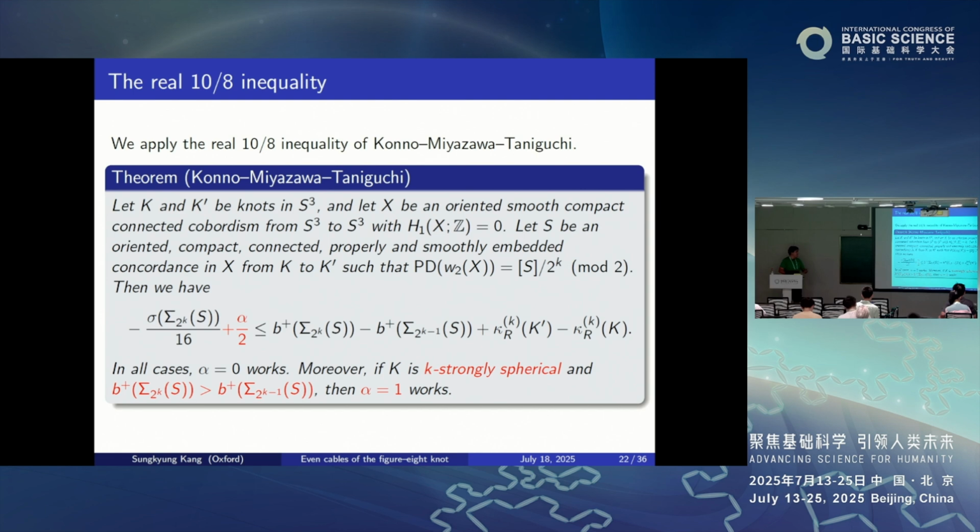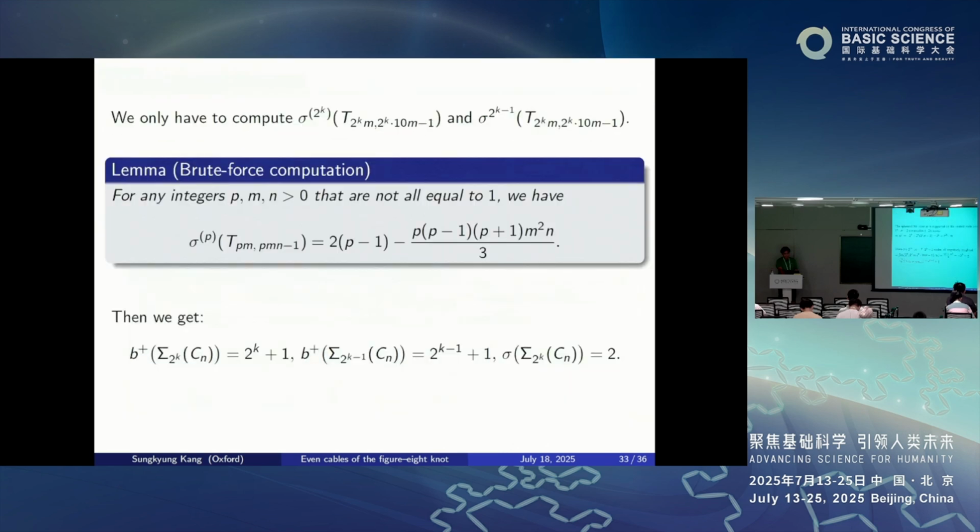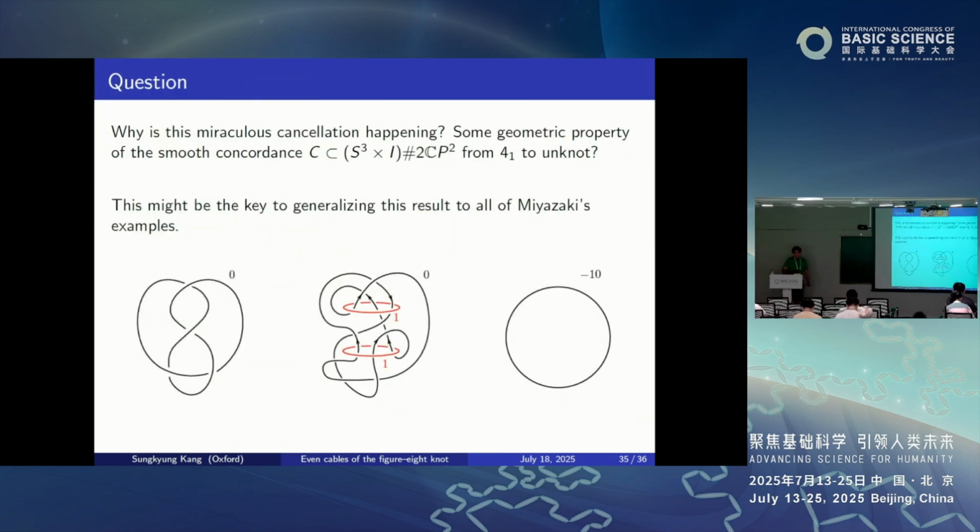But it turns out that for any even cable, if you take the cable and take the branched cover, and compute all the quantities, it is always an equality. We suspect that there might be some geometric property behind this. This might come from some special geometric property of this smooth concordance to start with.